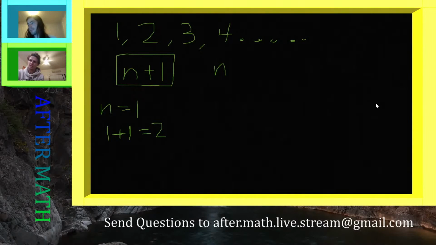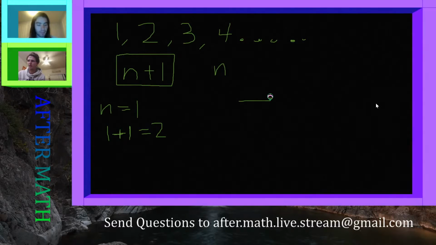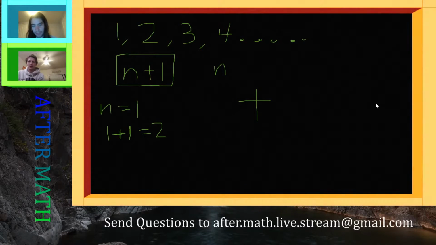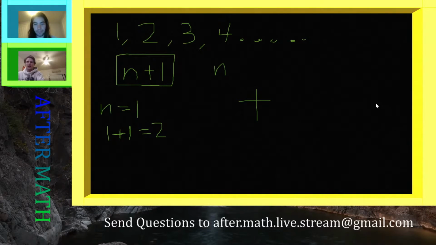Idea, right, we kind of have to know what this symbol means, right? What does this plus sign mean? Or what is this weird looking cross, right? And in our situation, it is one more.